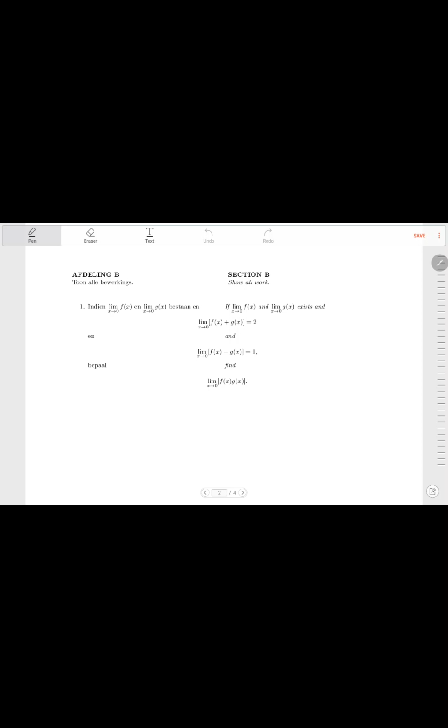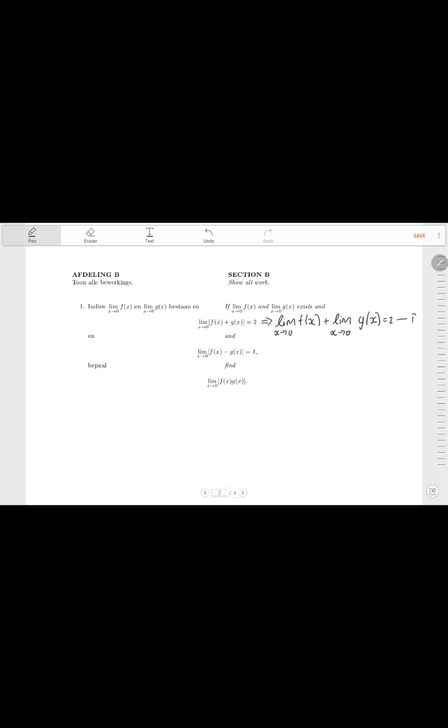So firstly, we know that we can write the limit of the sum as the sum of the limits. So I'm going to write this as the limit as x approaches 0 of f of x plus the limit as x approaches 0 of g of x equals 2.